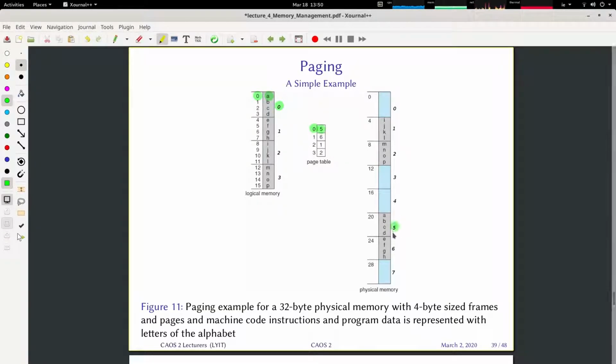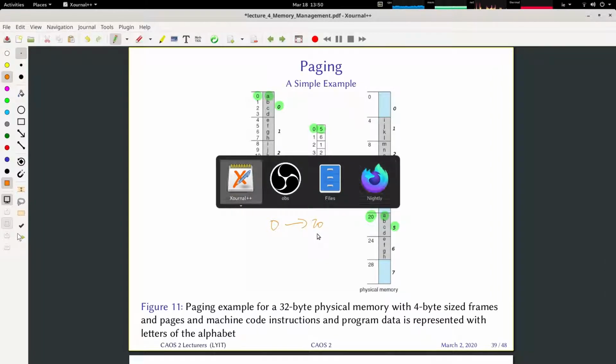There's frame 5, and there is the content of the machine code instruction A, and you can see that the mapping is from logical address 0 to physical address 20, like so. So that's the conversion we have to carry out, from 0 through to 20.